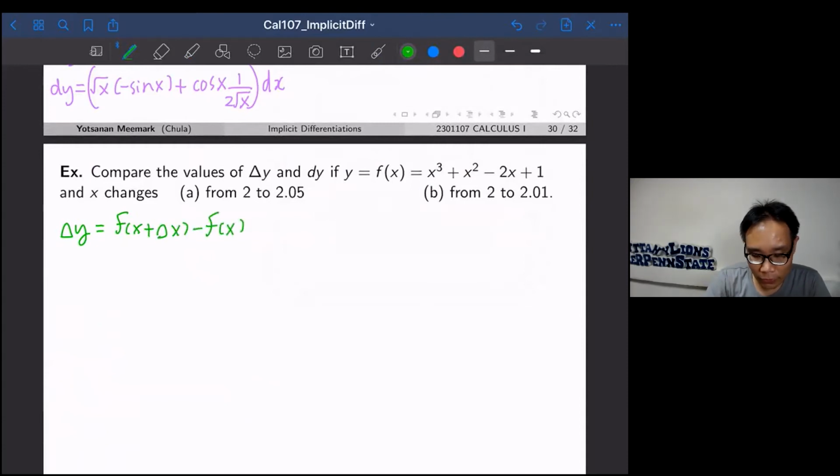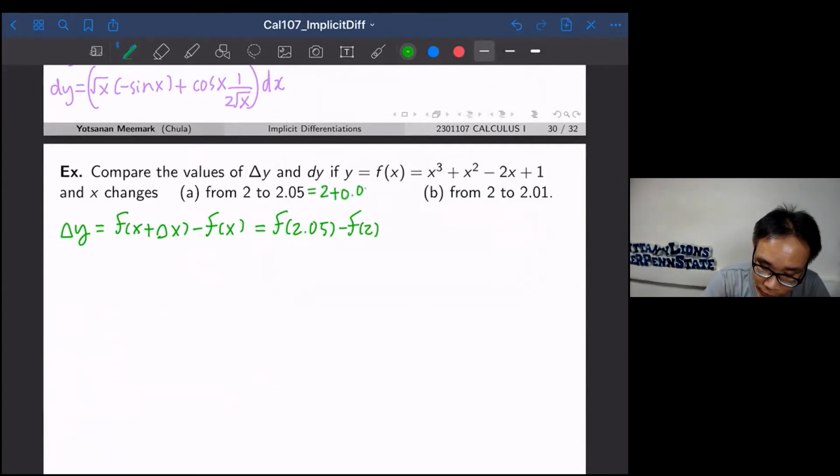So you have f(2.05) minus f(2). This is 2 plus 0.05, and your delta x becomes 0.05.